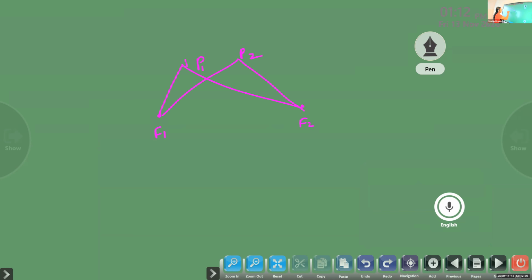We take those points such that F1P1 plus F2P1 will be the same as F1P2 plus F2P2. We take those points so that the sum of the distances from these two fixed points will always be the same.